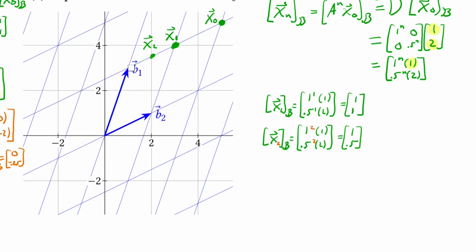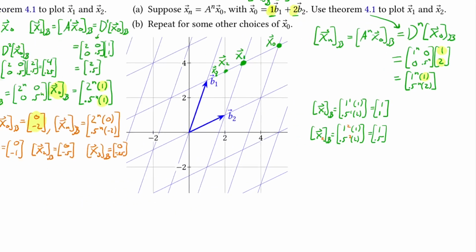And you can see what's going to happen is x3 is going to be even closer. You're just getting asymptotically closer to b1. You could probably say that b1 is the limit as n approaches infinity of this thing. But I didn't have room to write that there.